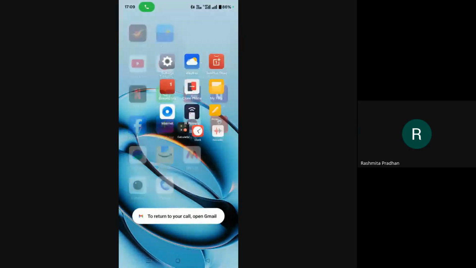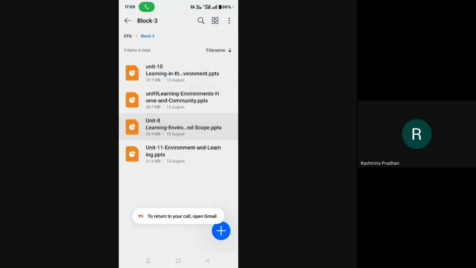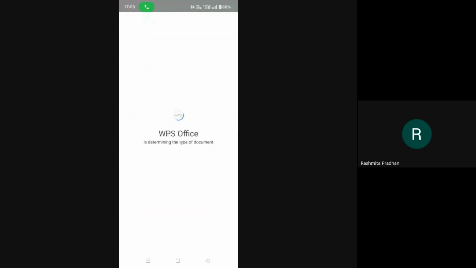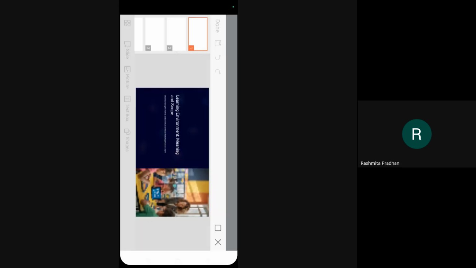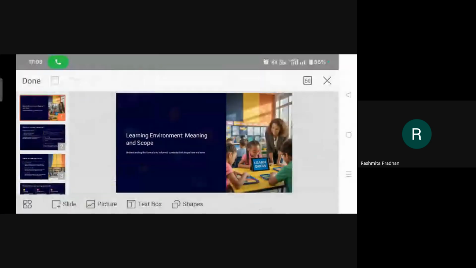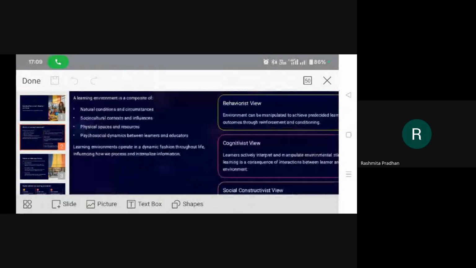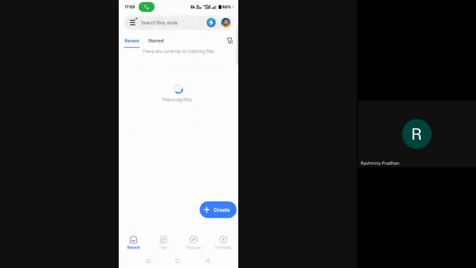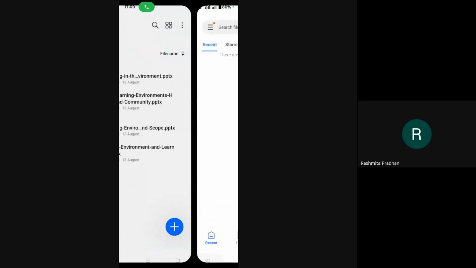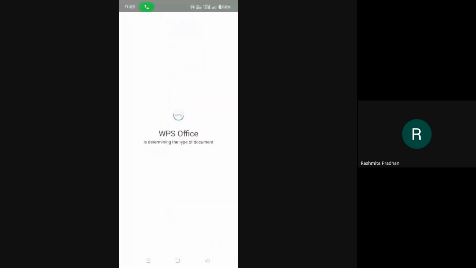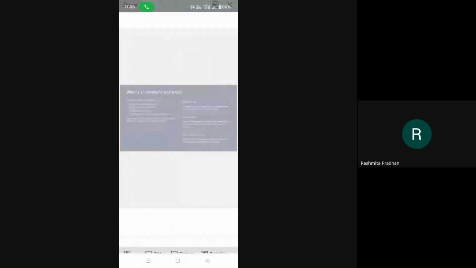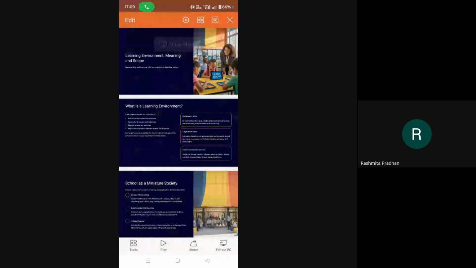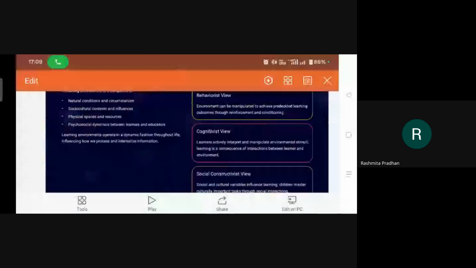So we are talking about the learning environment, and the learning environment actually is a composite of different things. That is, just a minute, it's getting some kind of problems. Okay, learners, can you see my screen?